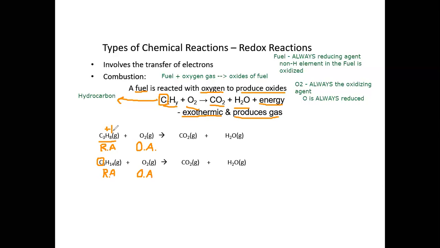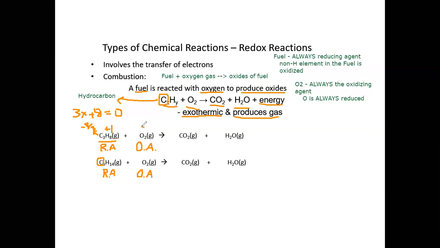And so 3 times X plus 8 has to equal 0. And so here carbon is -8/3. And yes, carbon is strange like that. It can have weird oxidation numbers. The fact is, you have to remember hydrogen is a +1.